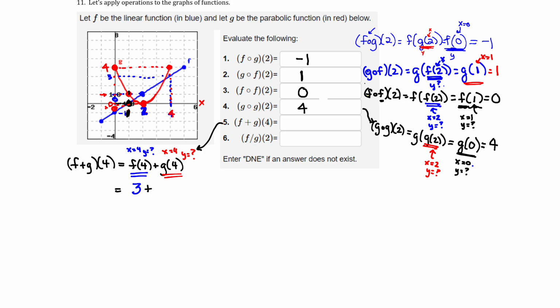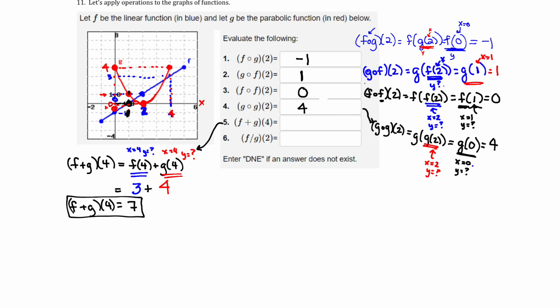And what is g of 4? G of 4 is just 4. Sorry about that interruption. And so where were we? So we have 3 plus 4. And so f plus g of 4 is just 3 plus 4, which is just 7. So we would say that the sum of the two functions f and g when evaluated at 4 just gives us 7.